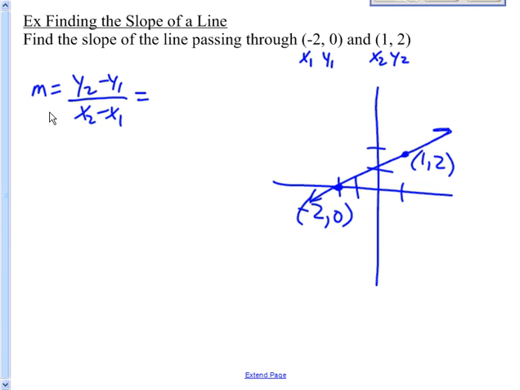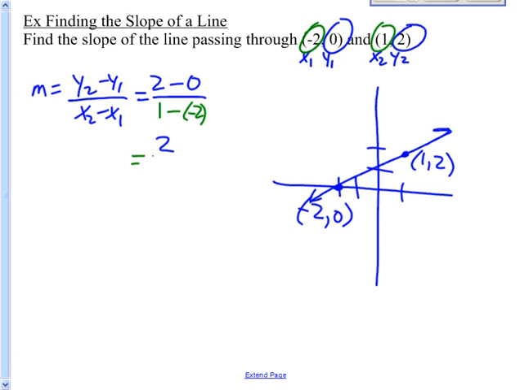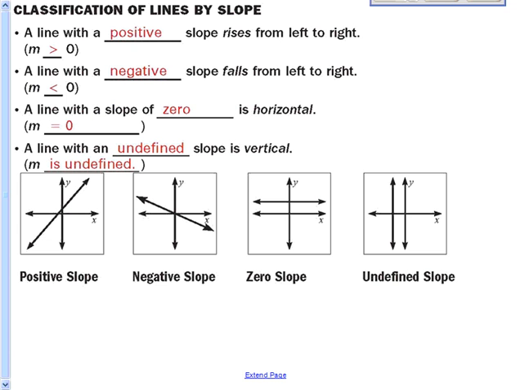So our y2 is 2 minus our y1, which is 0, over our x2, which is 1, minus our x1, which is -2. Then we just solve that. So 2 minus 0 is 2. 1 plus 2 is 3. So it looks like our slope here ends up being 2/3. That's our ratio of the vertical change to the horizontal change, the steepness of that line.